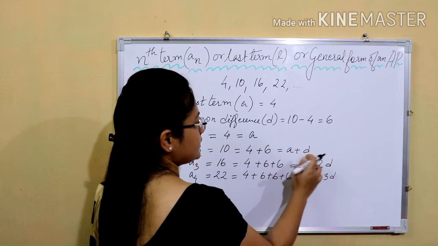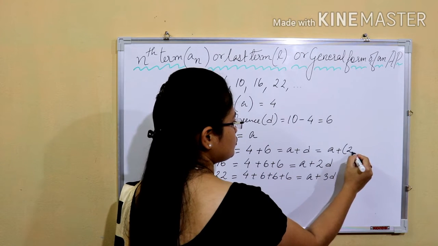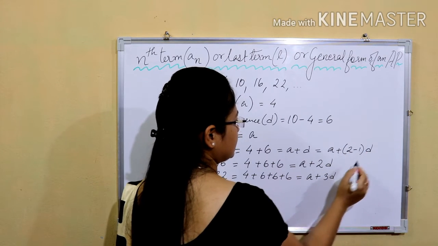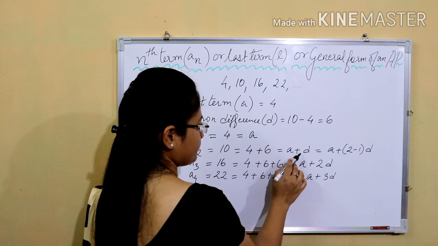Now, this A plus D also can be written as A plus 2 minus 1 D. As we know, the coefficient of D in this case is 1.